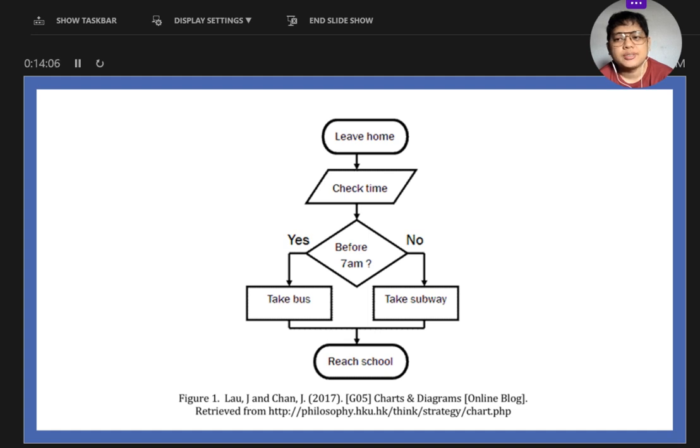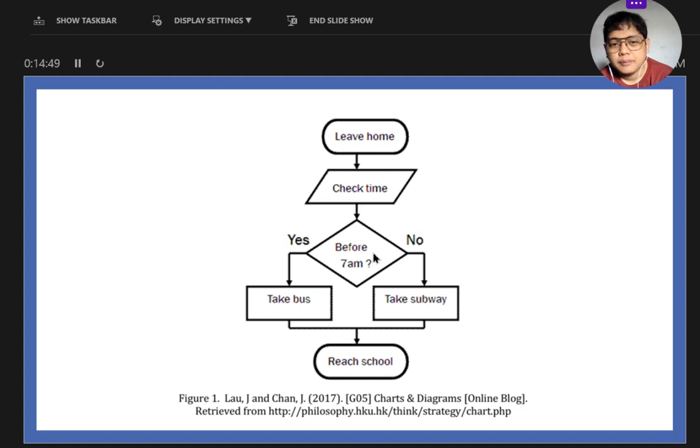It shows a student leaving his home, where we can assume that there is heavy traffic when the time is past 7 a.m. Once he starts to leave his home, he needs to check the time, whether it is before 7 or 7 a.m. If the time is before 7 a.m., he must still take a bus just to arrive at the school on time. Let us say he needs to reach the school at 7:30 a.m.